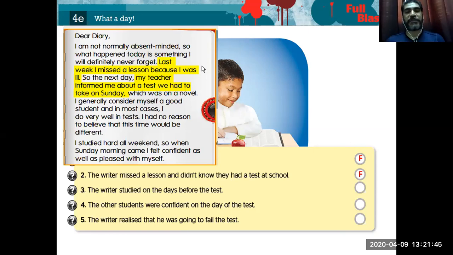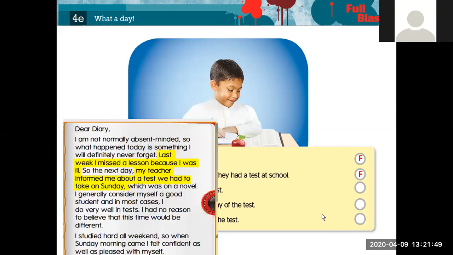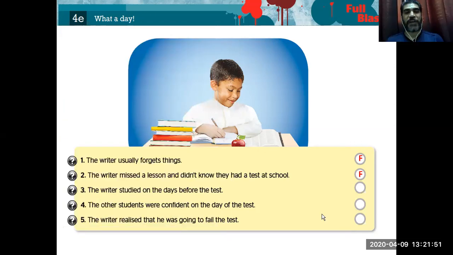Okay, read number three. The writer studied on the day before the test. True. Are you sure he is true?